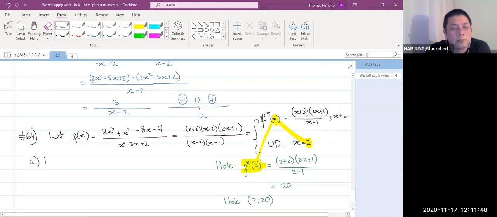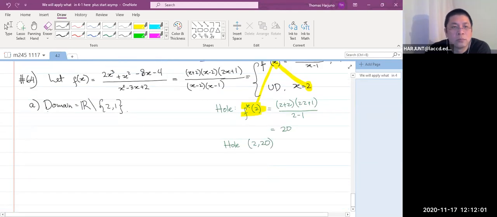The domain is all real numbers except 2 and 1. The y-intercept: at 0, negative 4 over negative 2, which is 2, so (0, 2).